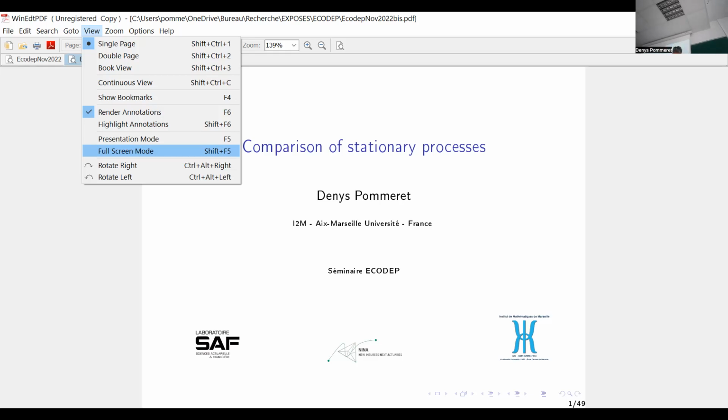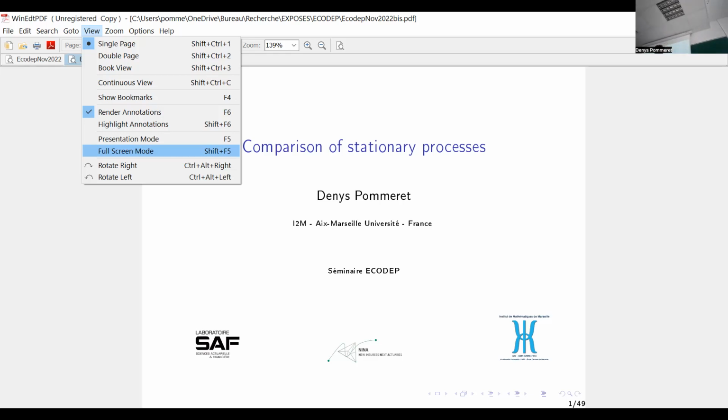And finally, with Laurence and Françoise, we extended this result again in the sense that we not only compare the marginal distribution, but the whole distribution of the processes to say yes or no, they are the same.